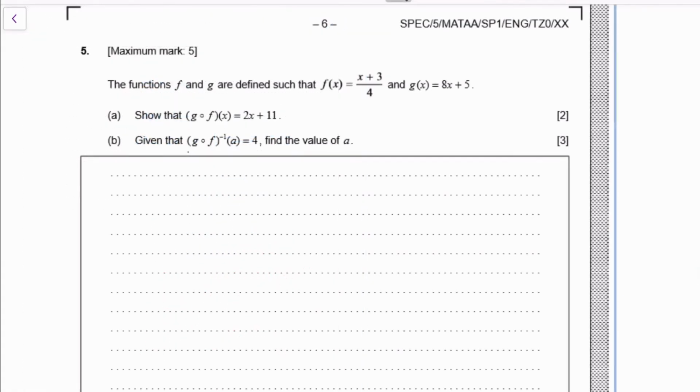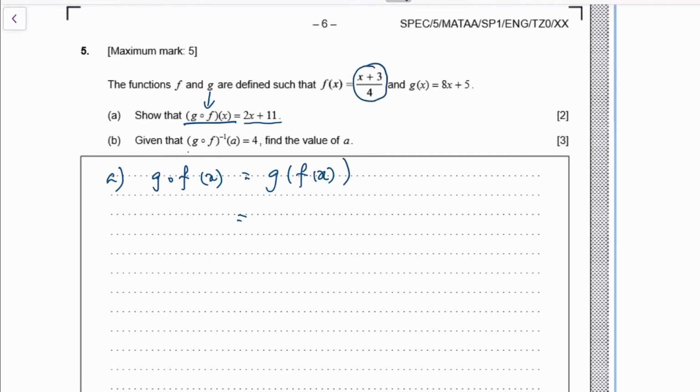Okay, moving on to question 5. So part A, show that this thing equals 2x plus 11. So you just need to know this means composite function. So g circle f really means g of f of x. And that means putting f into g. So this is f.